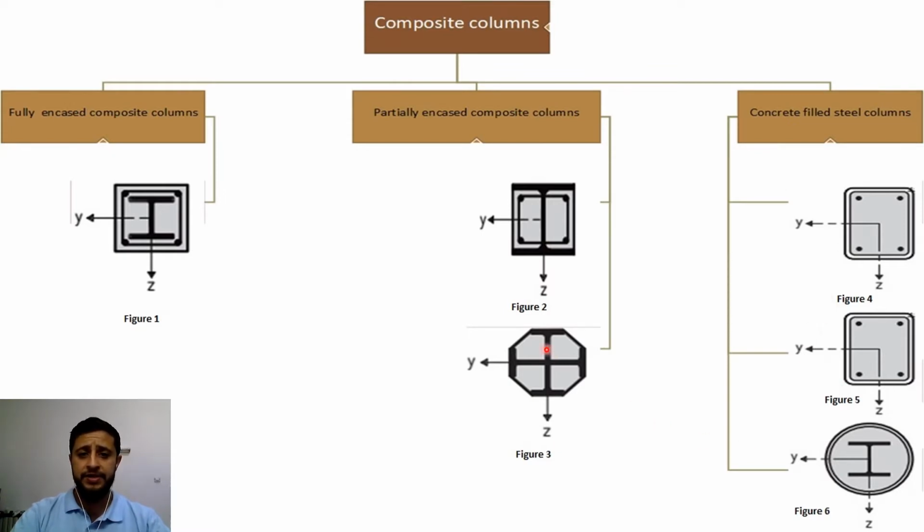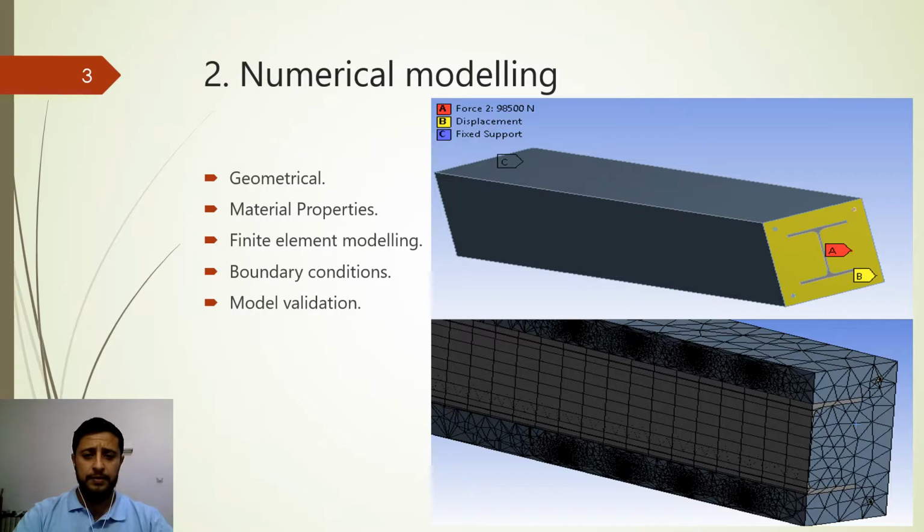The main purpose of this study is to analyze the encased composite column under cyclic loads, focused on different types of steel section and different ratios of axial loads. For this purpose, a three-dimensional finite element model is developed for the columns. The finite element analysis of composite columns is carried out using the ANSYS code.